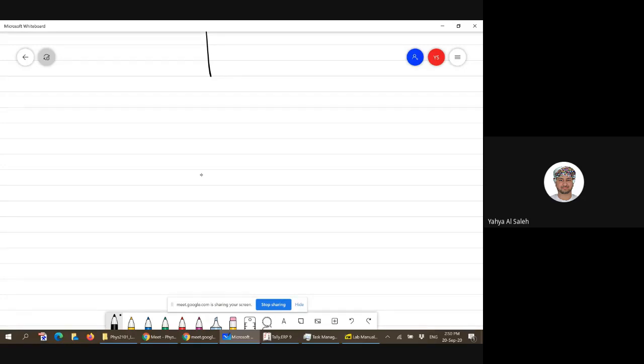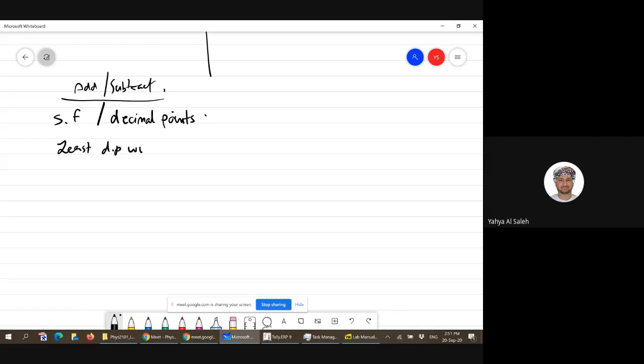For addition and subtraction, we look at significant figures, but also decimal points. And the rule is: least DP wins.